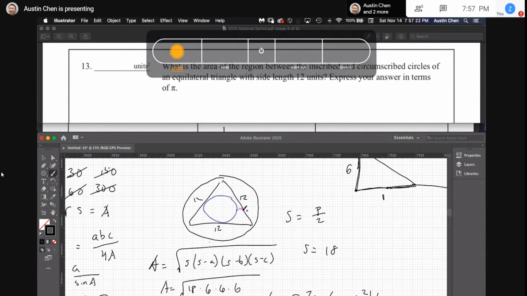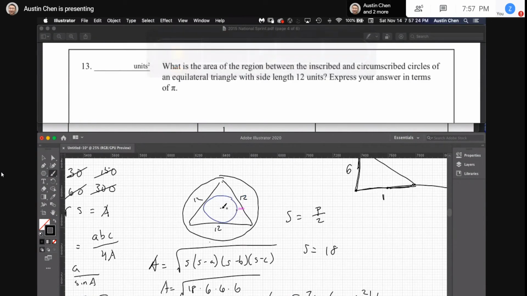A better way to do it is like this. So we can connect this like that, right? And if we connect it like that, then this has to be 30 degrees, because this has to be an angle bisector. So then this is 6.